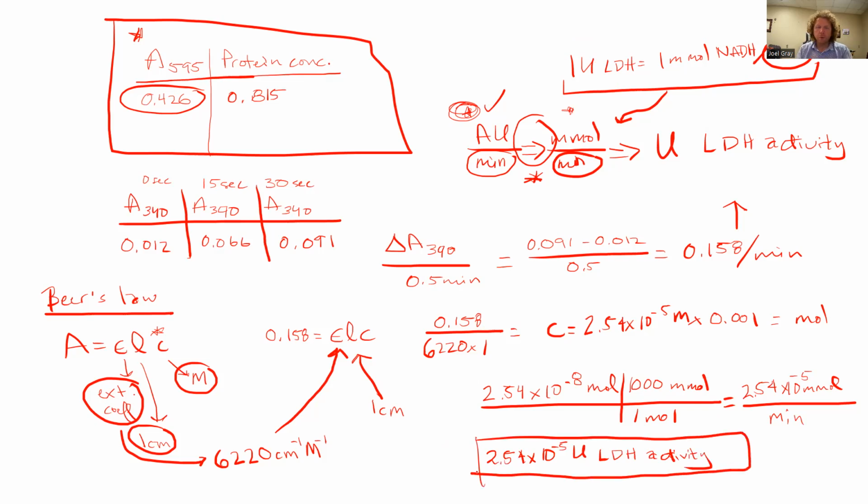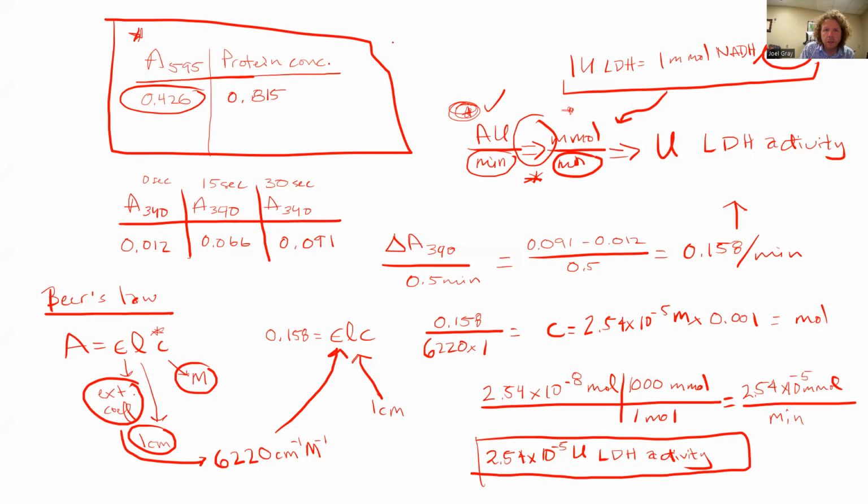So that's a valuable number that I just figured out. How many units of lactate dehydrogenase activity were in this specific sample? So this gives us a definition for the amount of lactate dehydrogenase activity in that specific sample.